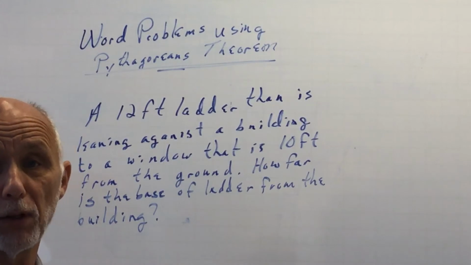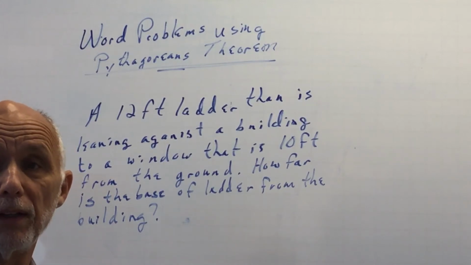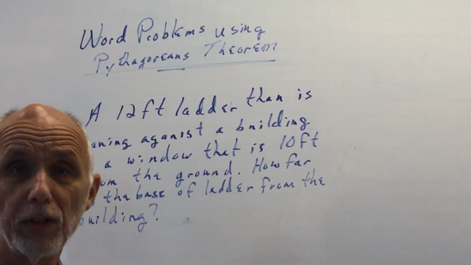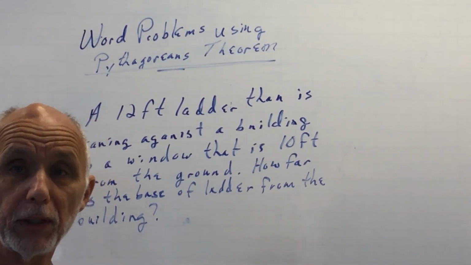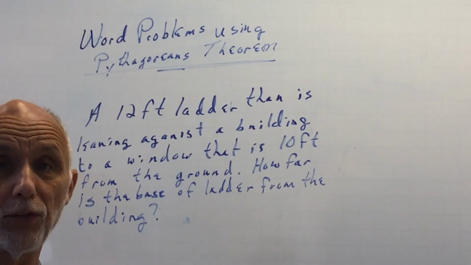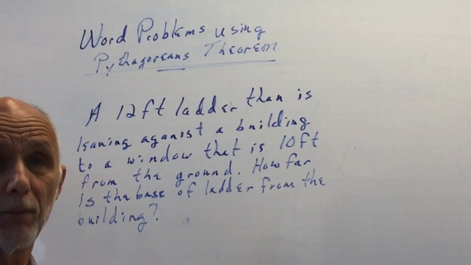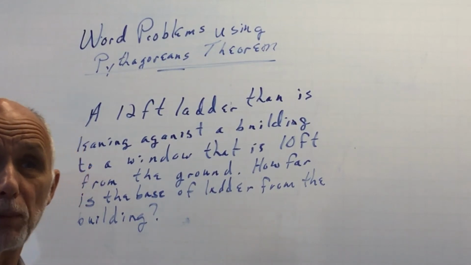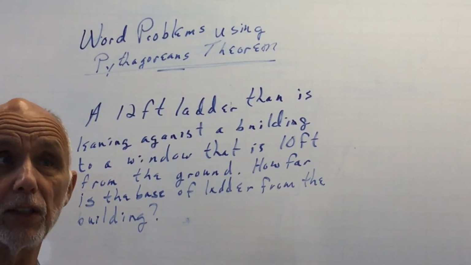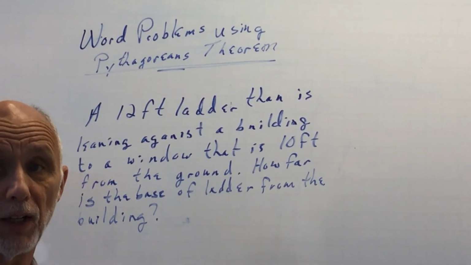One of those methods was draw a picture. Now, I've never really given you many examples of where that would be helpful, but in Pythagorean's theorem, it's very helpful because it's very hard to use Pythagorean's theorem unless you can see a right triangle. So drawing a picture will give you the right triangle.